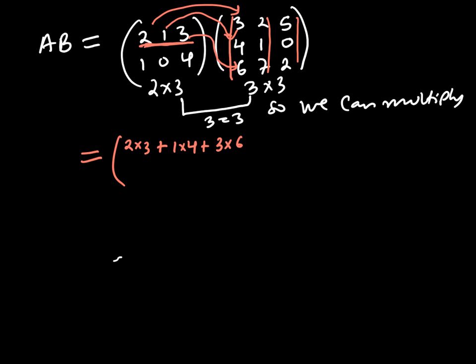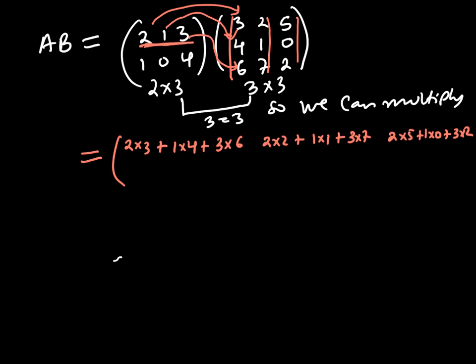Then let's go to the middle part. This is 2 times 2 plus 1 times 1 plus 3 times 7. Then lastly 2 times 5 plus 1 times 0 plus 3 times 2.